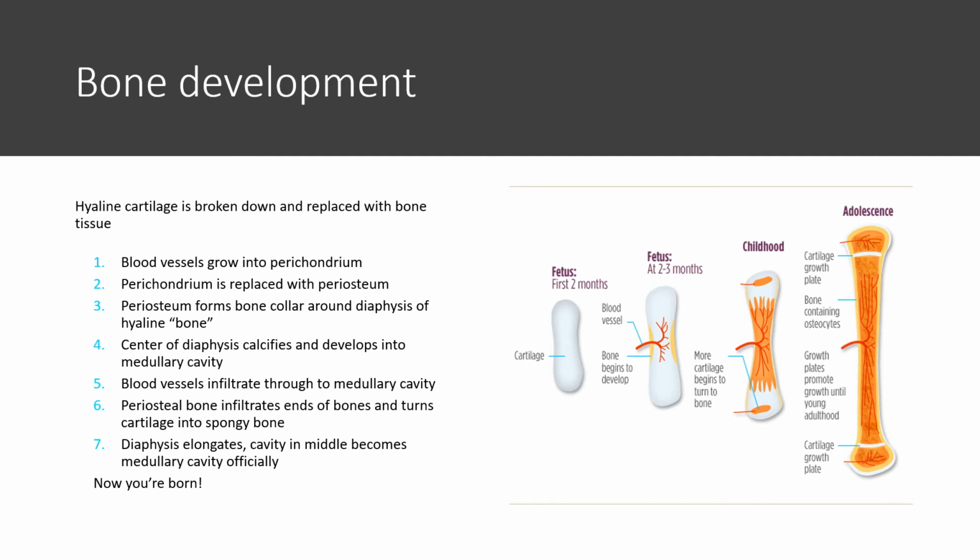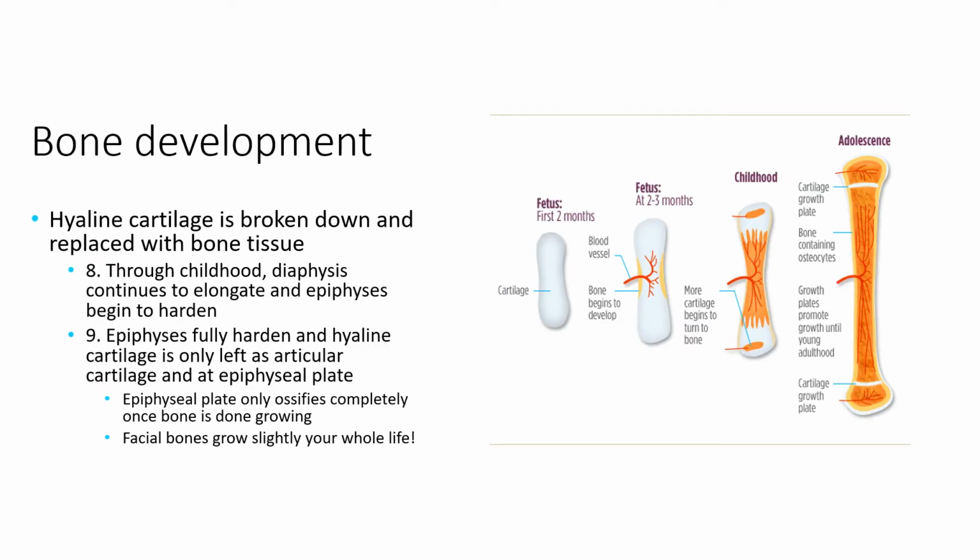Okay, erase that too. So now you're born, and it behooves you to turn some of that squidgy collagen cartilage, which doesn't hold up super well against gravity, into more bone, right?